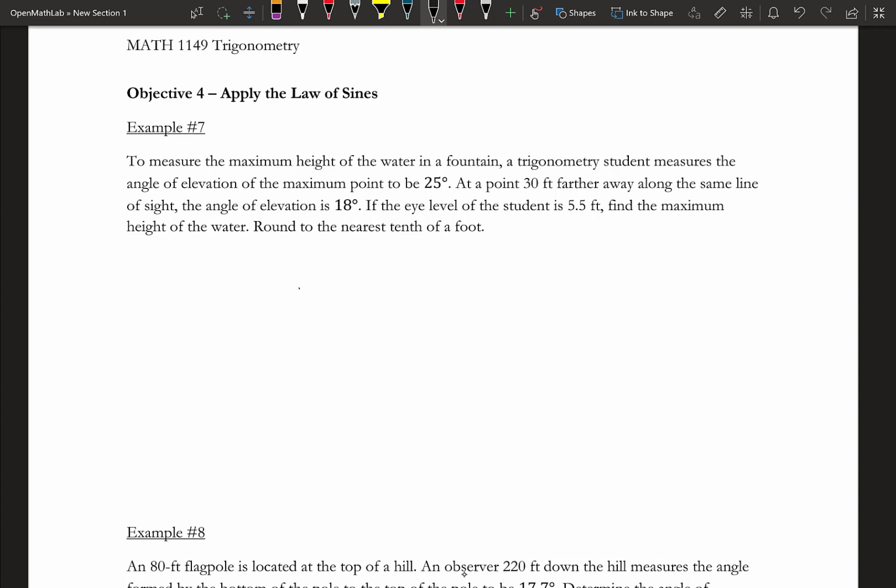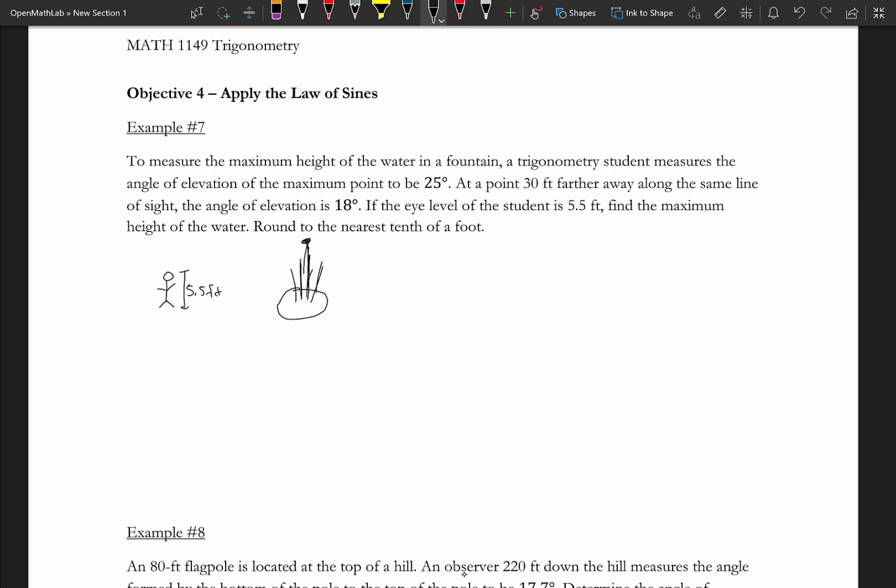So we have a fountain, and the water is coming out, and there's going to be some maximum height. Maybe this point is the maximum height. And then there's a student standing on the ground, and he or she, it doesn't say, is 5.5 feet tall.